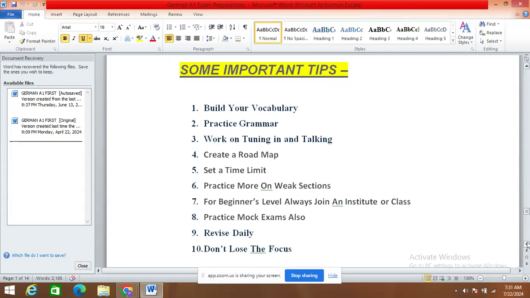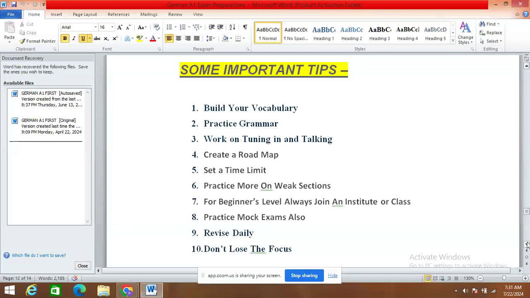So these are some important tips for your examination: vocabulary is the most important part which you need to make strong. Practice the grammar; clarity in the grammar concepts is very important. Then work on pronunciation and speaking.